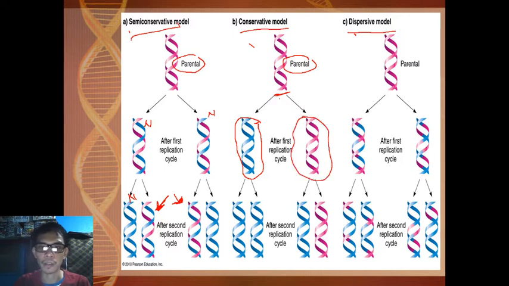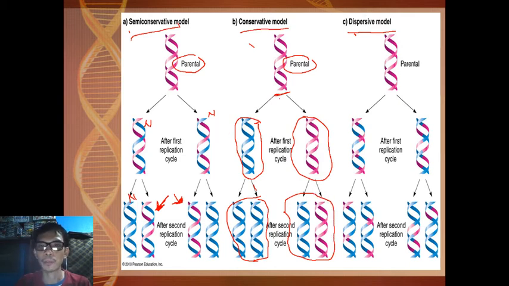This is after the first replication cycle. Just like the other one, after the second replication, this blue one over here produces obviously blue new strands, and the other one is retained.